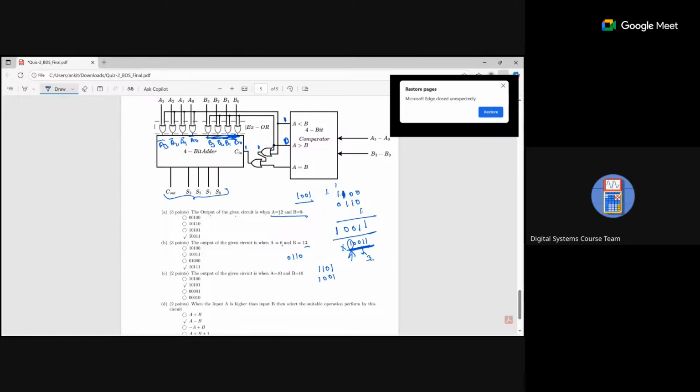And C is also 1, because now this one is 1. Now if we add this, 1 plus 1 gives 0 carry 1, and so on. If we neglect the carry, we get 7. B minus A, that is 7.